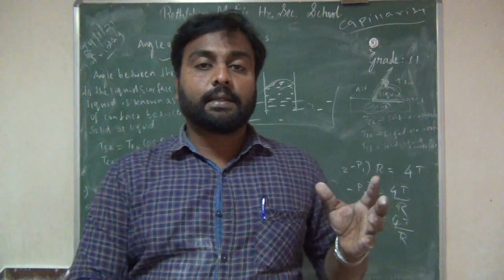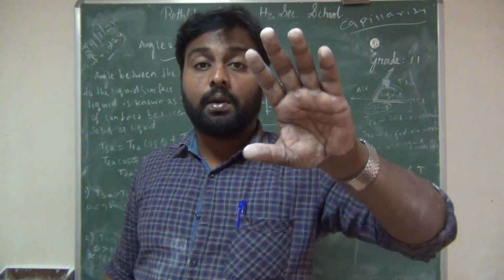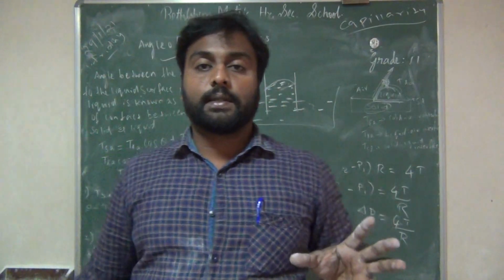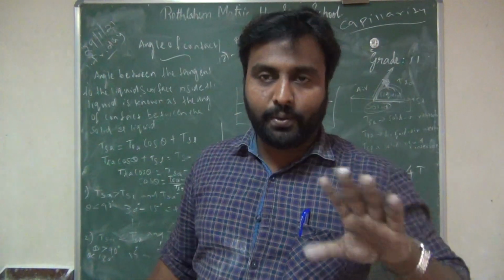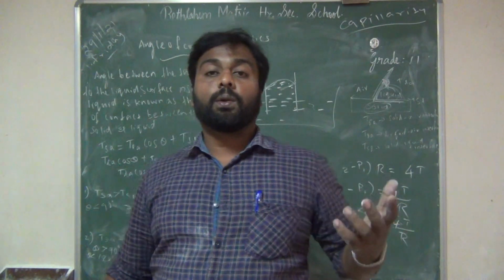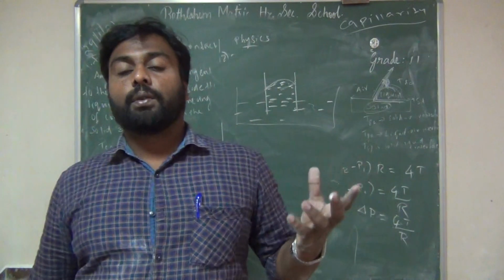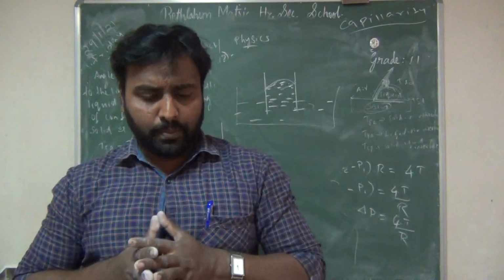The third one is the tear fluid from our eye, which you can see drains fast. That is also an application of capillarity. And the last one is that people use cotton dresses during the summer season.